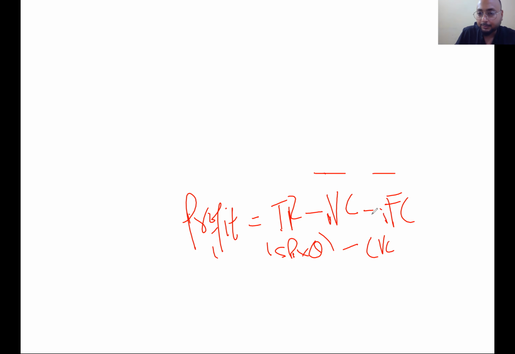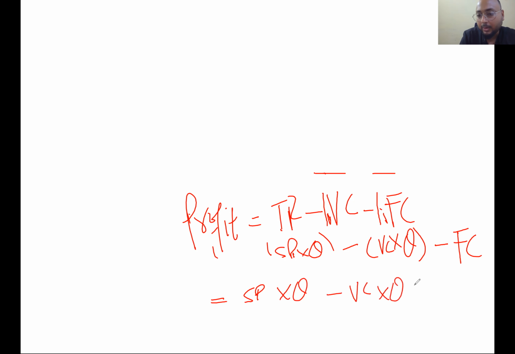We cannot convert fixed cost into per unit. So it is understood that whenever there is a fixed cost, it is a total fixed cost, right? So you see here we have sale price multiplied by quantity minus variable cost multiplied by quantity minus fixed cost.